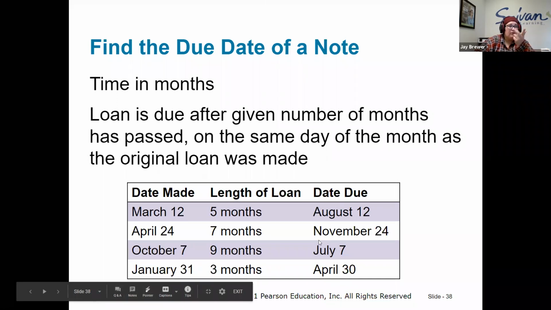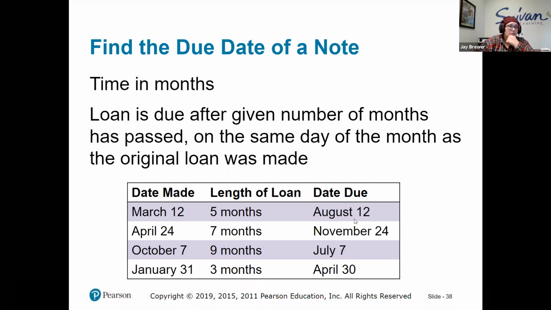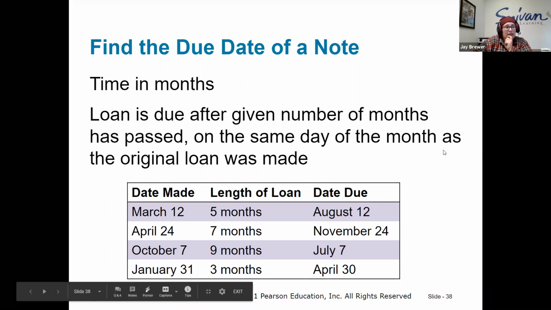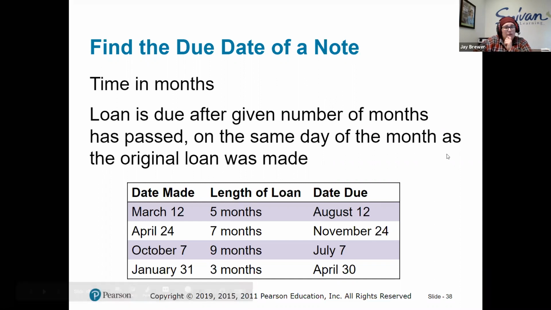You're literally just counting the number of months, and typically the due dates, it kind of depends. So for the note, of course, it's going to be the same day unless you legally have it written that it can be a different date. What kind of changes there would be like sometimes credit card companies, you might get a credit card started in the middle of the month or the end of the month or the beginning or what have you.